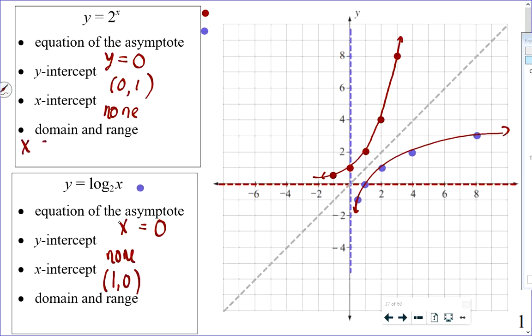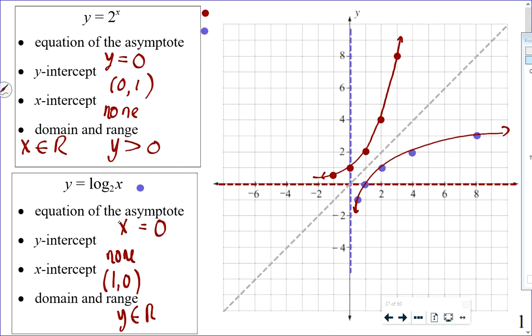Domain of the original is x is any real number. When you look at the range of the logarithmic, it's y is any real number. This graph is going up and down. The second graph is going up and down forever. What is the range of the original? y is greater than 0.